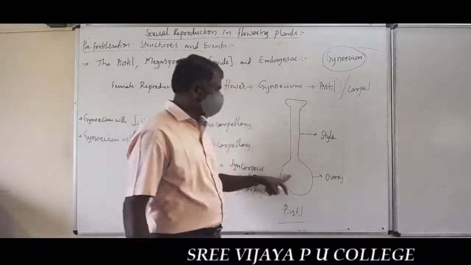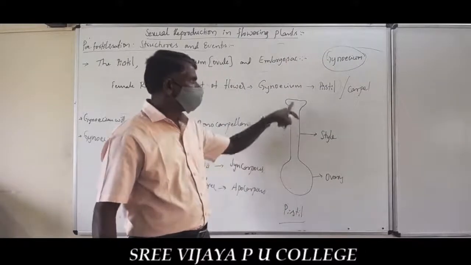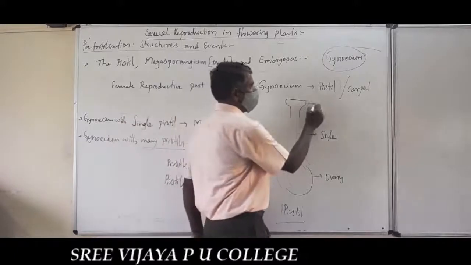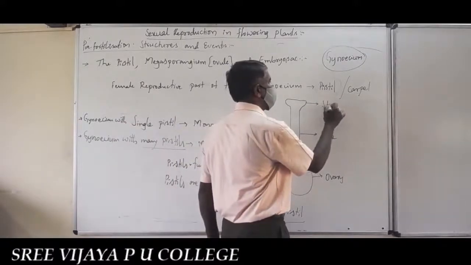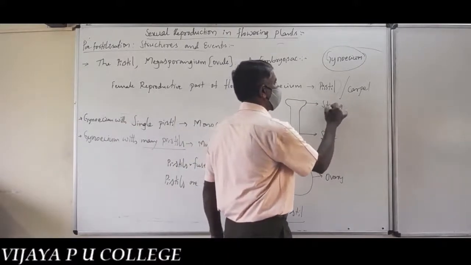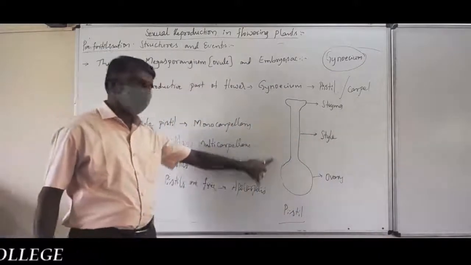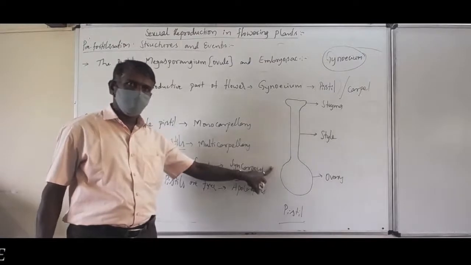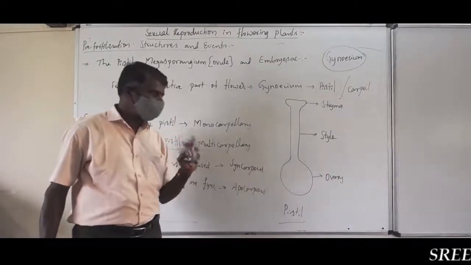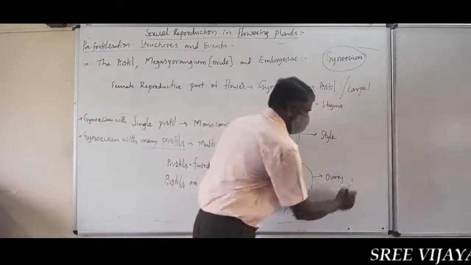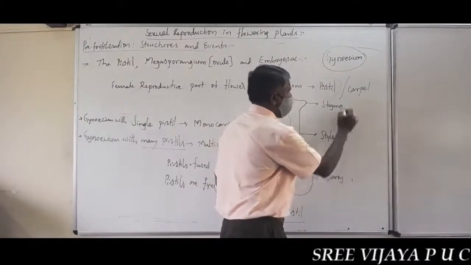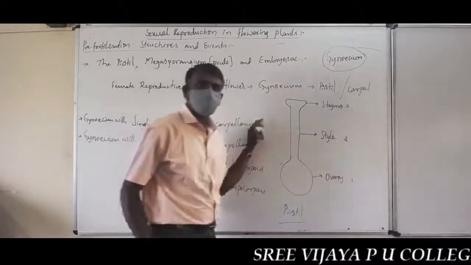The tip of the pistil is called the stigma. So each pistil consists of three parts: ovary, style, stigma.